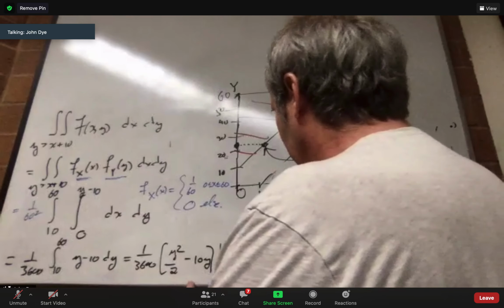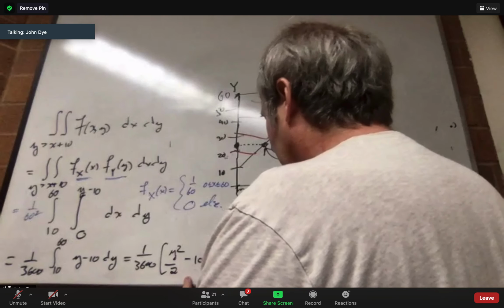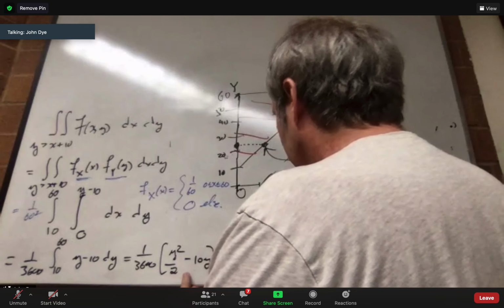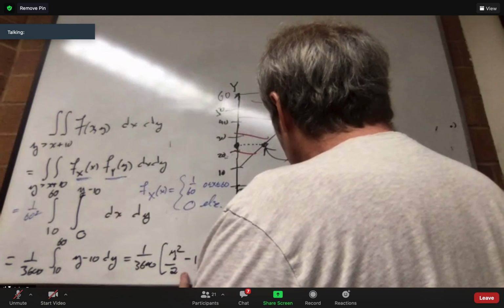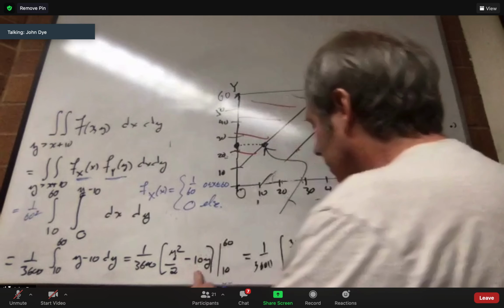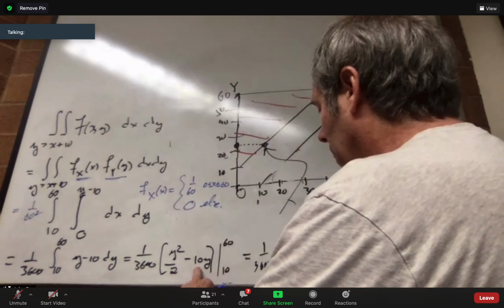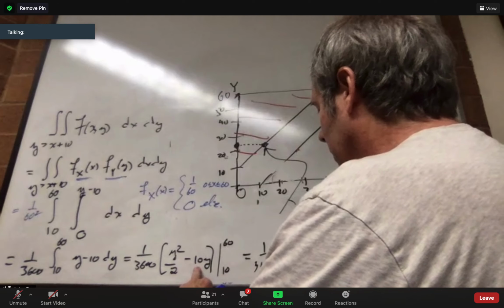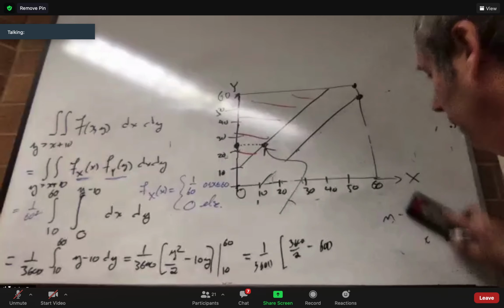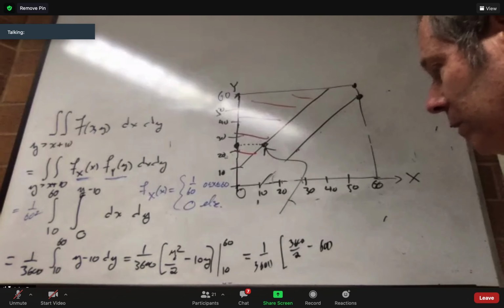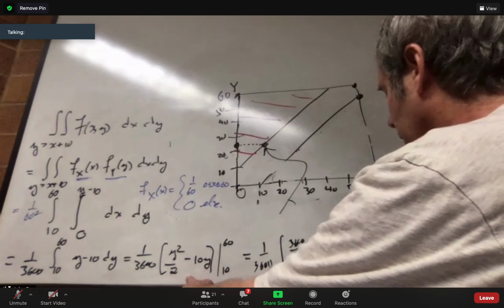Okay, let's see if I got it right. I hope so. What are we supposed to get anyhow? So this is 60 squared. So 3,600 over 2 minus, what, 600? 600. And then minus what?